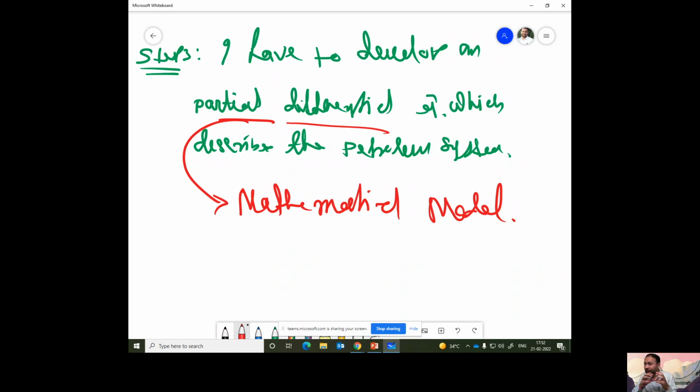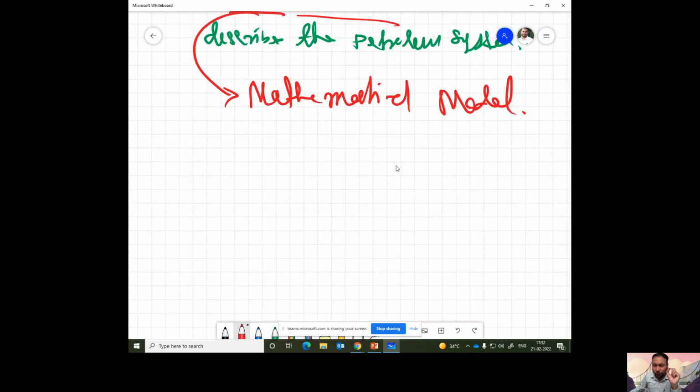If I develop a partial differential equation by understanding the science behind the petroleum system, by identifying the parameters that control the system, that partial differential equation can describe the petroleum reservoir system, and it is called the mathematical model of that petroleum system. This is step 1, 2, 3.